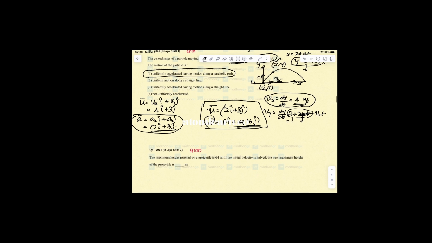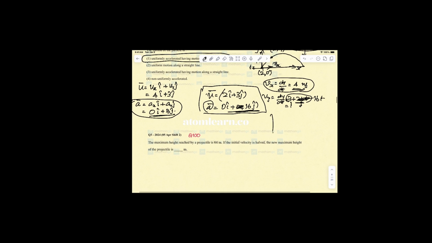In fact, suppose somebody asks you the shape of the parabolic path. The starting point is (2, 0), whereas along the y direction it keeps increasing, because this is acceleration, not retardation. g is not vertically down; it is acceleration vertically upwards, because of plus 16.